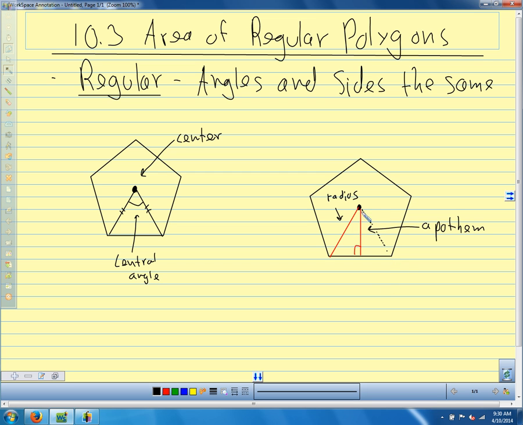What does the segment that goes from the vertex of an isosceles triangle perpendicular to the base do to this angle? Bisects it. So this is half the central angle.